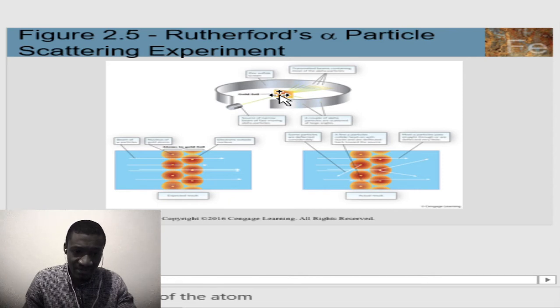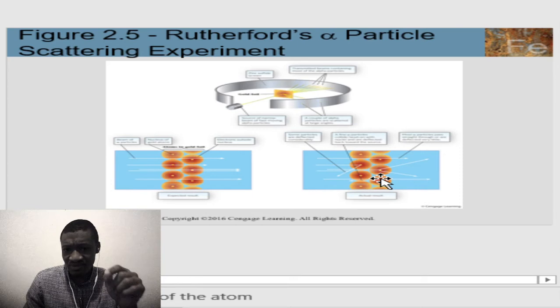And then he notices something happens. This is what he expected to happen, but he notices that things were bouncing off, they're deflected in some sense, which gave him an idea that there's something happening there, which I want you to guess.